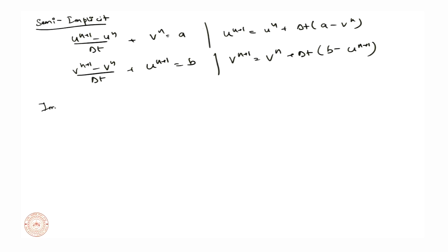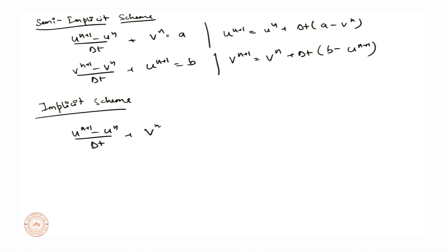And then you have your fully implicit scheme. The full implicit scheme is that you have no guesses or no dependence on the last time step, everything is on the current time step. Okay, so (u^(n+1) minus u^n) by delta t plus v^(n+1) equals a. If you rearrange these terms, then you will have u^(n+1). Again, we do not know v^(n+1), we do not know u^(n+1).